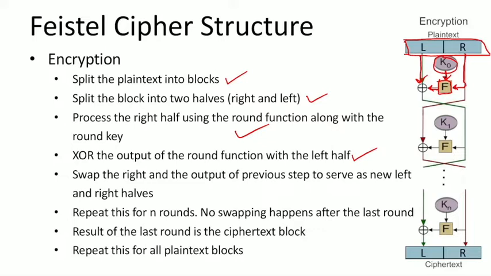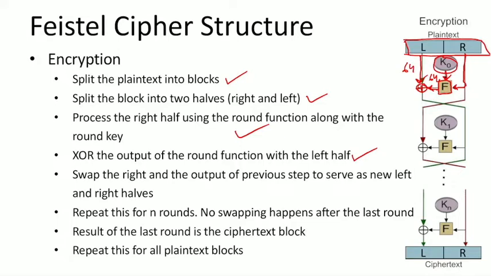Now notice that for XOR to happen, you need to have equal size on its left and right side. So if we are again talking about a 128-bit block, then the left half is going to be 64 bits, and the output of this round function is also going to be 64 bits. So we XOR them together.